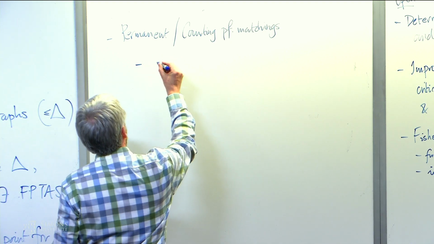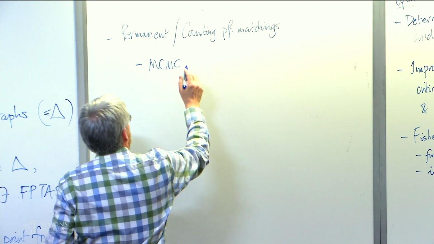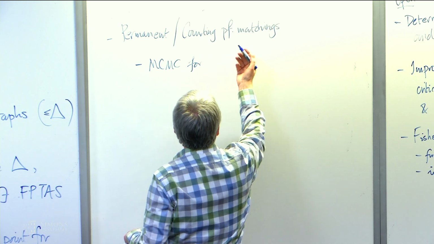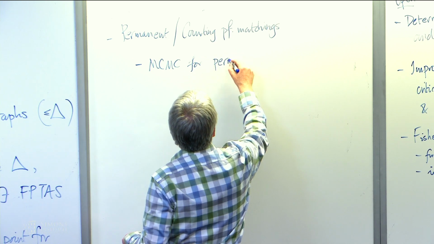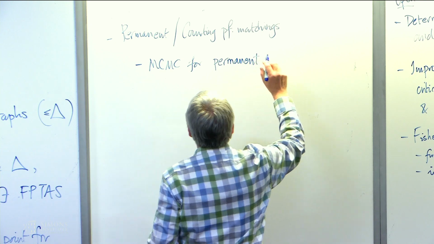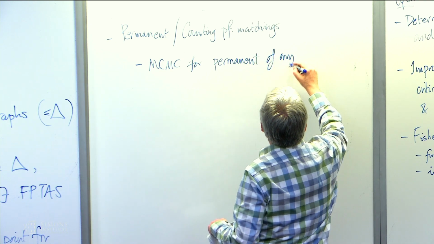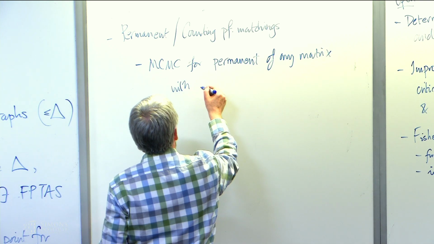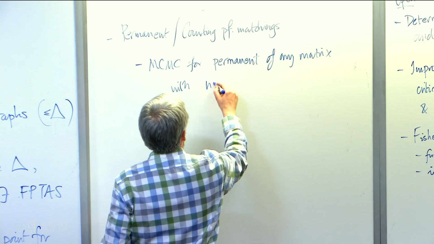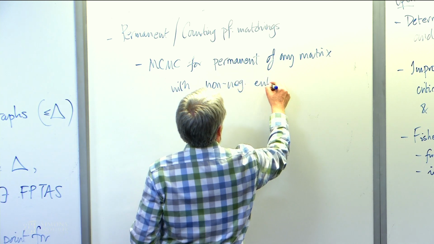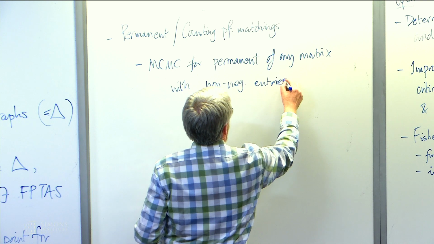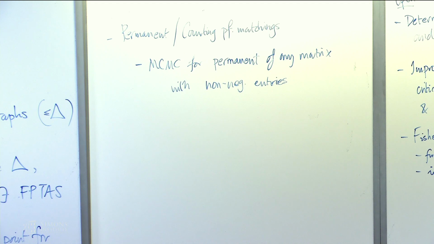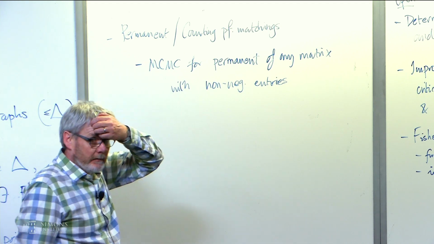So we have a Markov chain Monte Carlo algorithm for matchings and indeed for the permanent. So we have a good randomized approximation algorithm for the permanent of any matrix with non-negative entries. So once again, this is what we have to beat, but we imagine that it can probably be de-randomized, and we know a lot already about the structure of the matching polynomial.